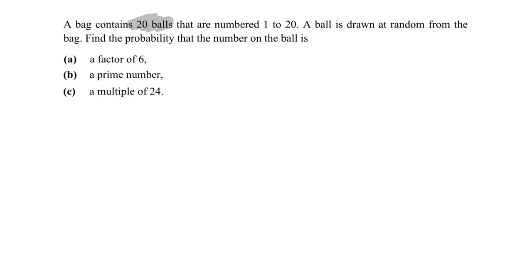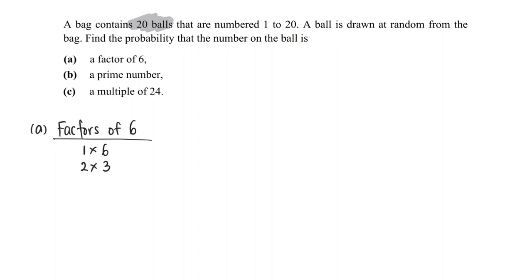So for part A, right? Of course, I will then need to know what are the factors of 6. So in this case here, I will have 1 times 6 is 6, so 1 and 6. 2 times 3, and no more.